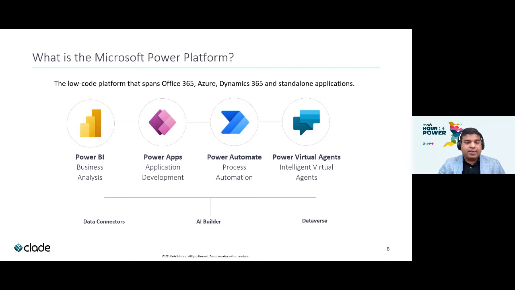All of these sit underneath a platform called Dataverse. That's where all the data is stored, and it comes with inbuilt security and also APIs very easily, so you can use it with internal or external systems. Next slide, Katie.